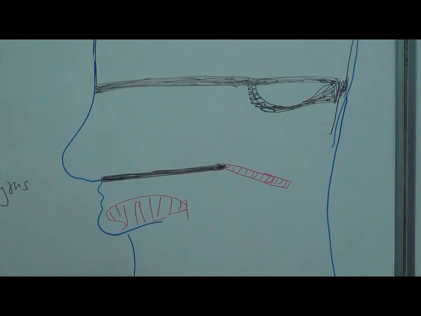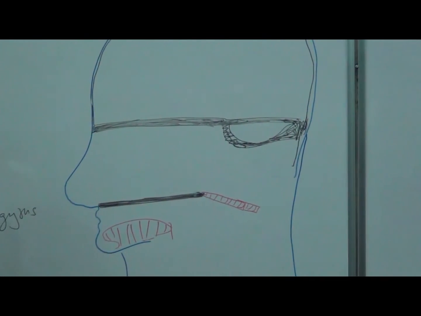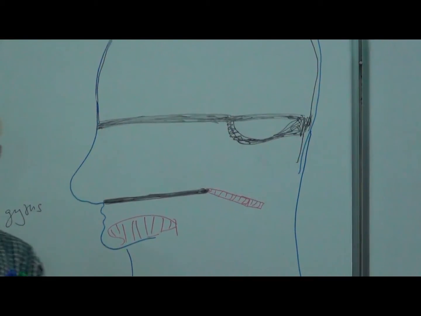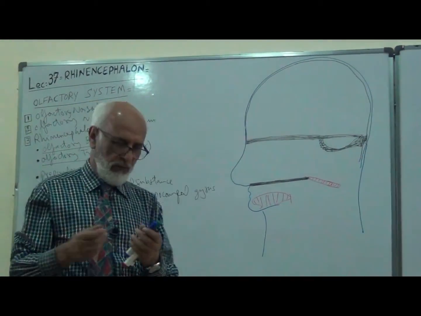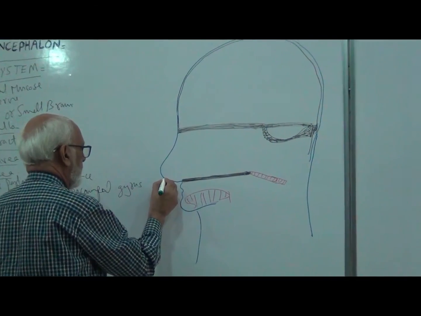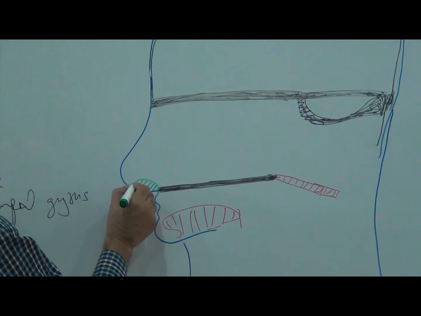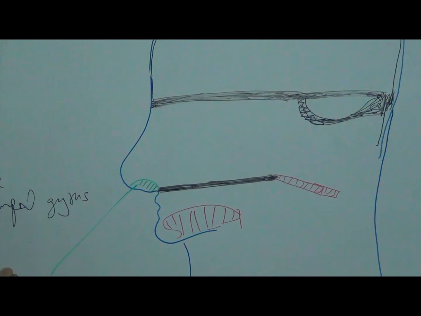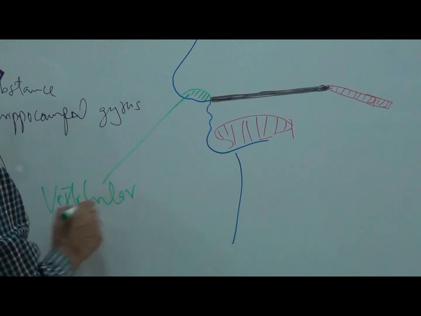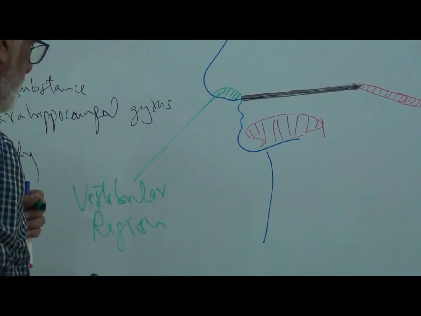Above is the nasal cavity. Here the roof and floor of the nasal cavity are shown. Now the nasal cavity mucosa we divide into various regions. This part of the nose which is dilated is the vestibular area, the vestibular region of the nasal cavity.